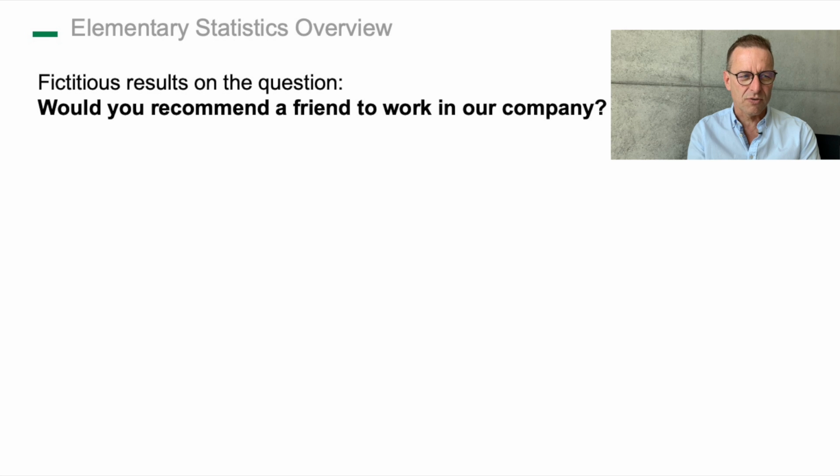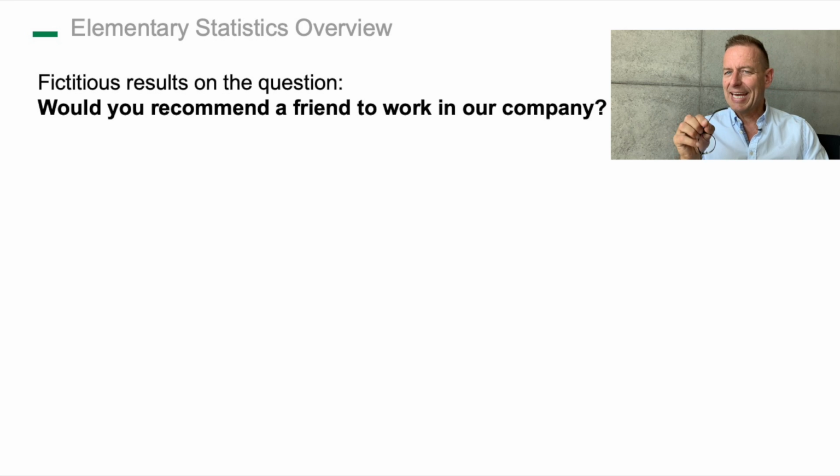The question was, would you recommend a friend to work in our company? It's a classical question that we very often use to understand the commitment of people to their employer. Sometimes you have the same question in marketing: would you recommend a friend to buy this product?